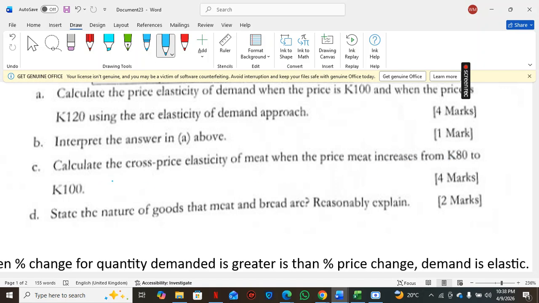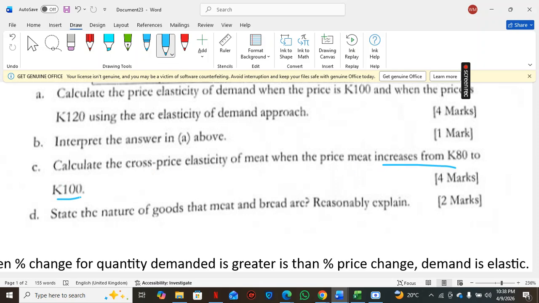Cross price elasticity is how the quantity demanded of good A responds to changes in the price of good B. Here, we want to see how the quantity of bread is going to respond to the change in price of meat.